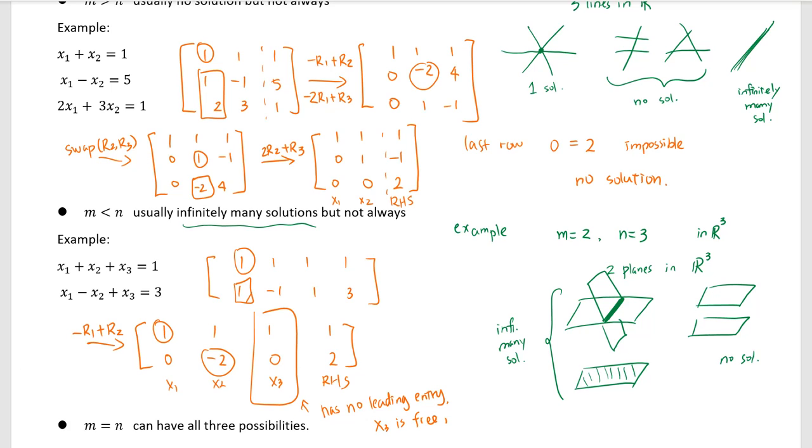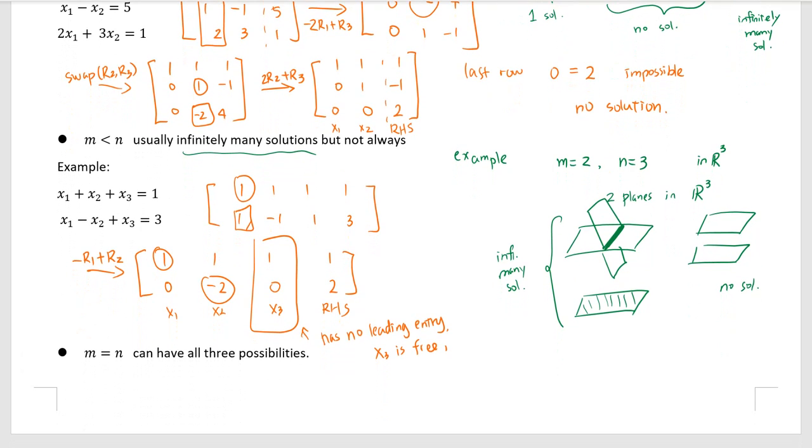So we let x3 be t, and then from the last row we get minus 2x2 equals 2, so x2 equals minus 1.